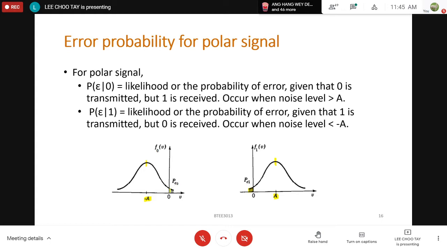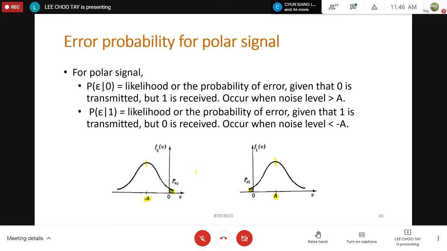And the area under this tail over here is the chance where the receiver will interpret this bit as binary 1 instead of binary 0. Any value greater than 0 will be interpreted as a binary 1, and any value less than 0 will be interpreted as binary 0. So this is the probability of error for these two.